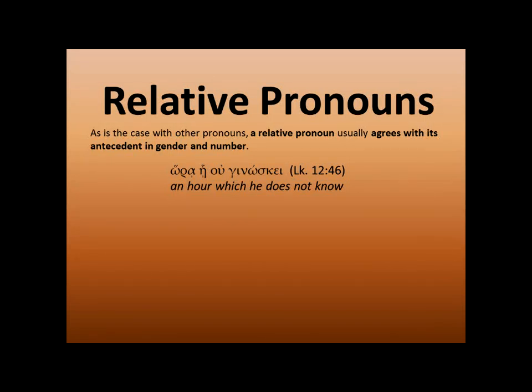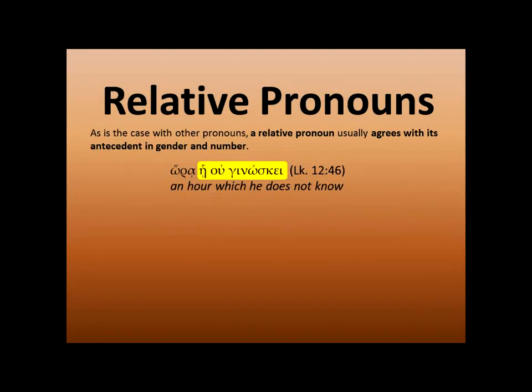As is the case with other pronouns, a relative pronoun usually agrees with its antecedent in gender and number. So we have the expression in Luke chapter 12 and verse 46, hora he ginoskei, an hour which he does not know.